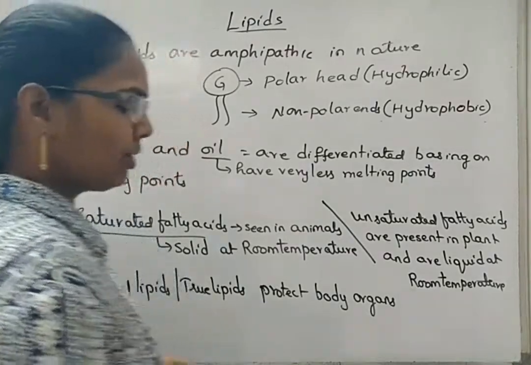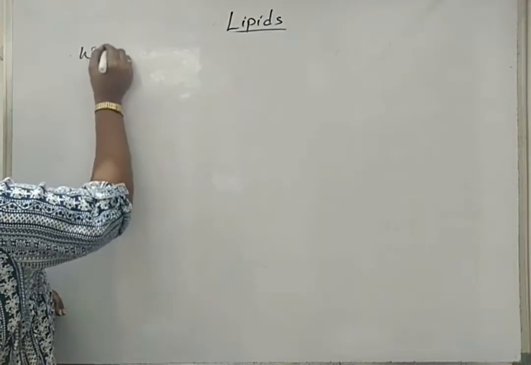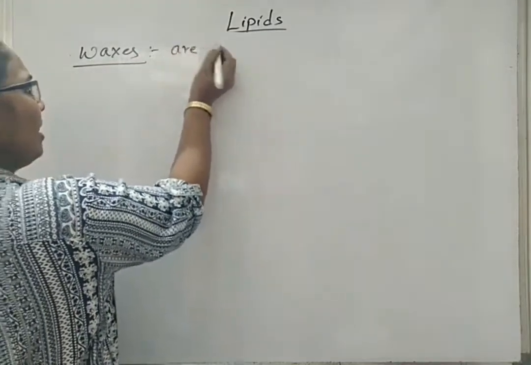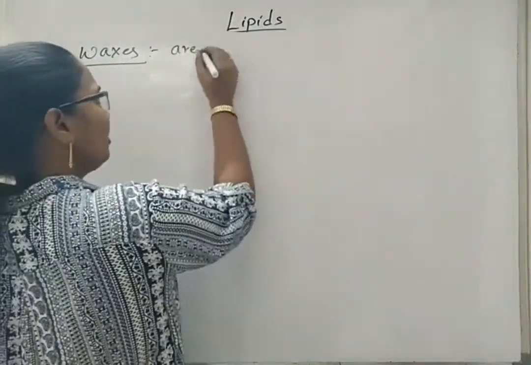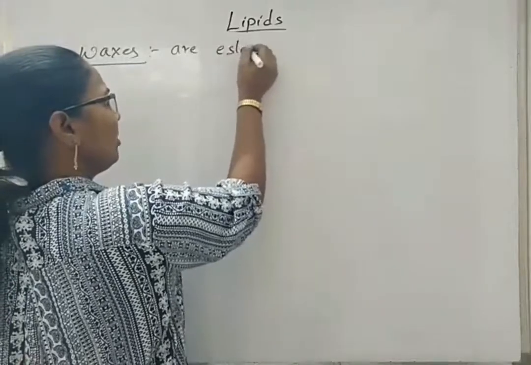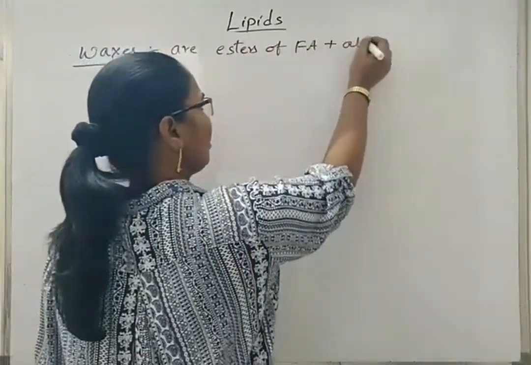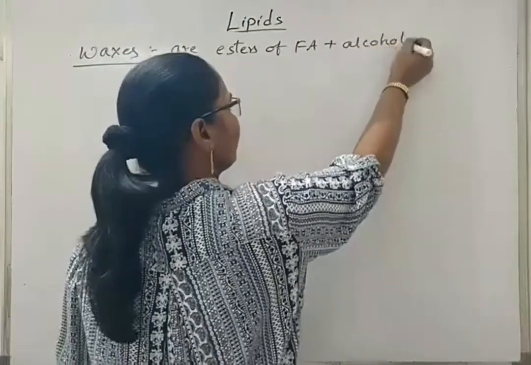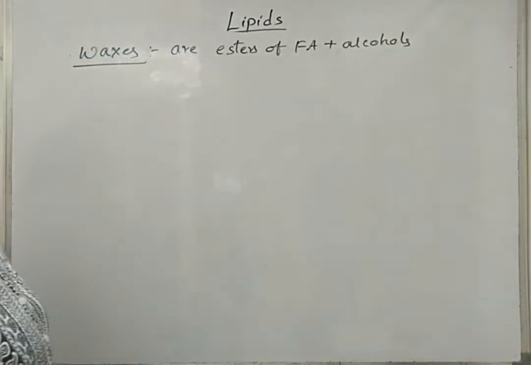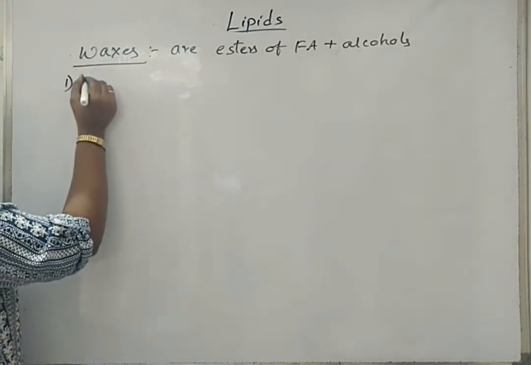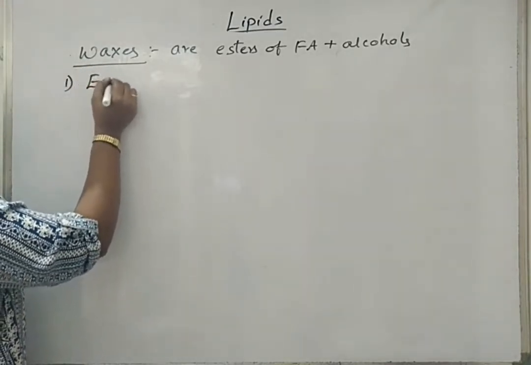Next we will see about waxes. Waxes, as I have said before, are esters of fatty acids plus alcohols. We know different types of waxes. For example, the first wax in the animal body is ear wax.